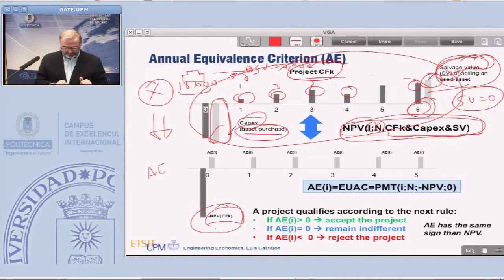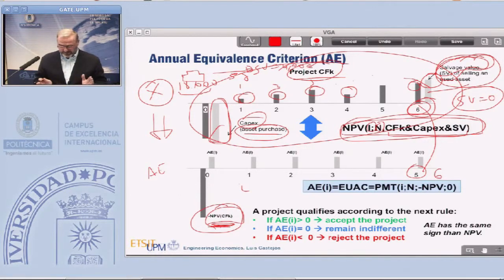We consider that this is our investment, the net present value, and we want to know what is the equivalent annual payment, uniform annual payment, that we can get from investing that net present value at the cost of capital i during the project life. Sorry, this is a misprint. This number must be 6.